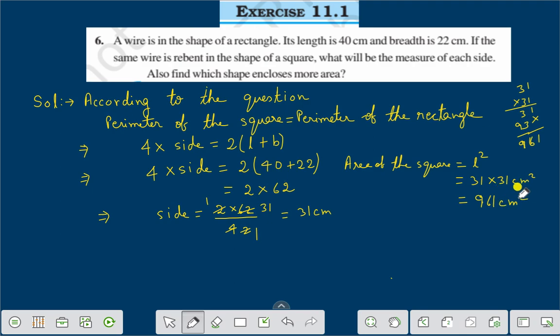And we have to find the area of the rectangle. Area of the rectangle is length into breadth.